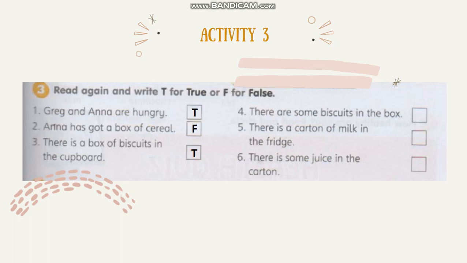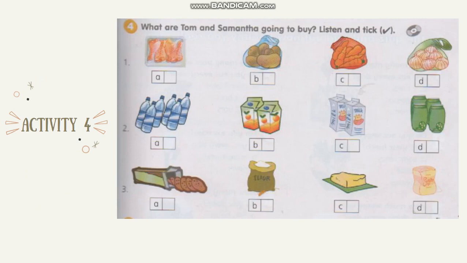True. Number 4, there are some biscuits in the box. False. Number 5, there is a carton of milk in the fridge. False. And last one, number 6, there is some juice in the carton. False.